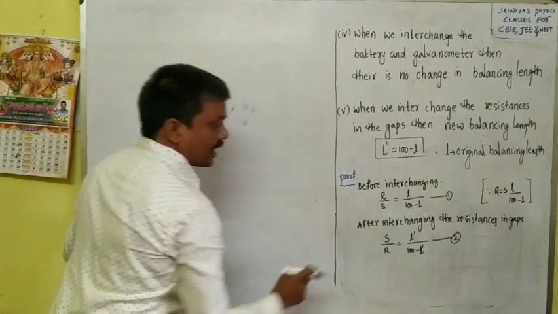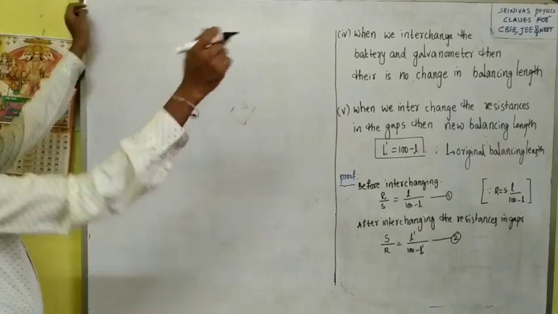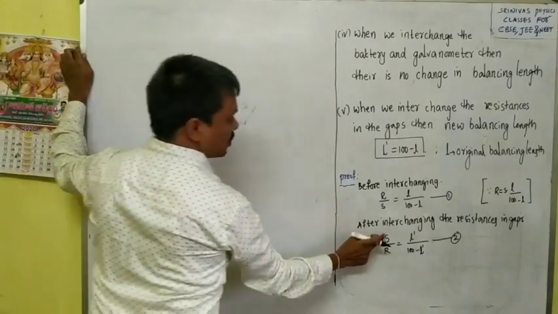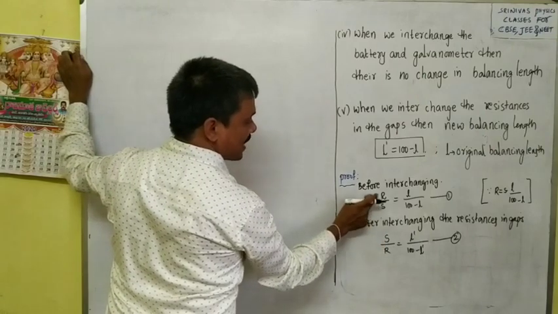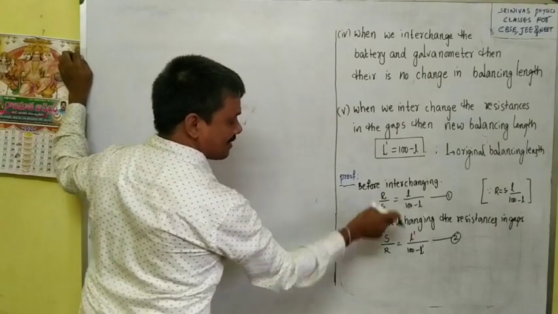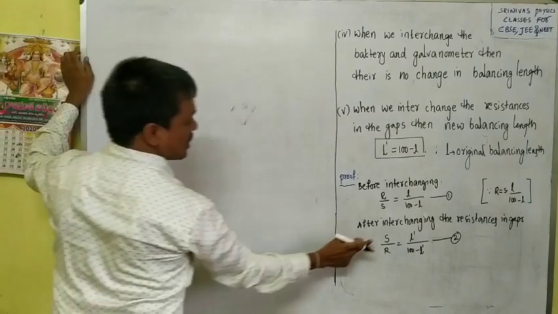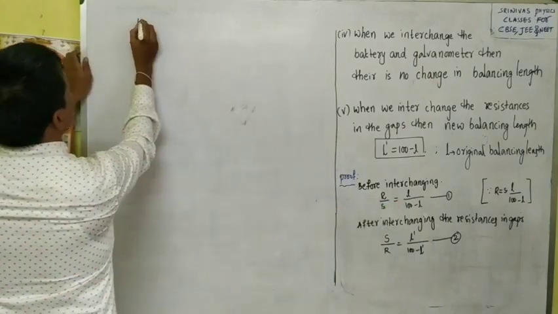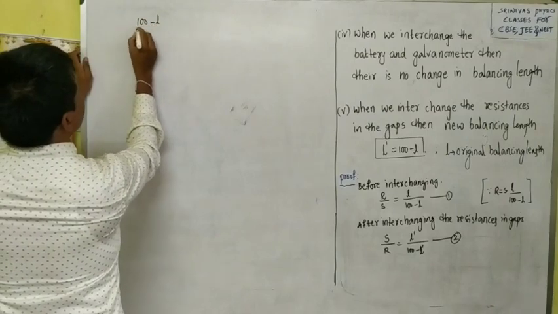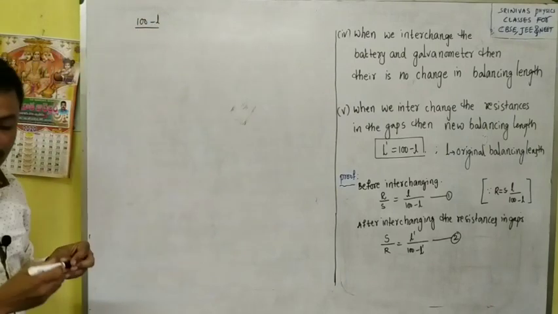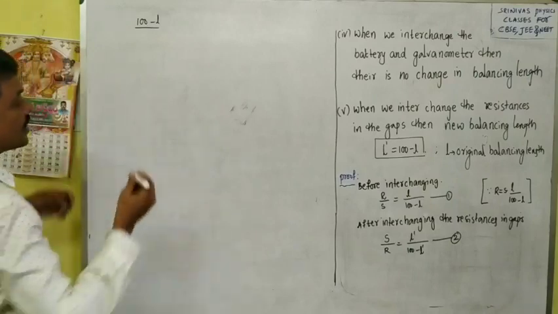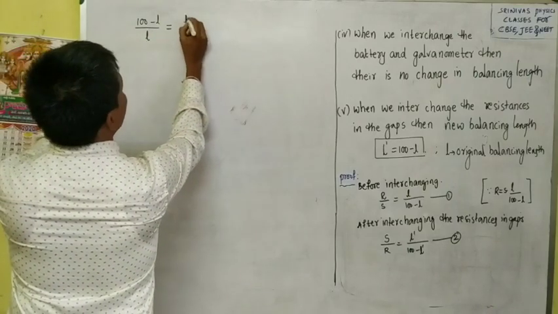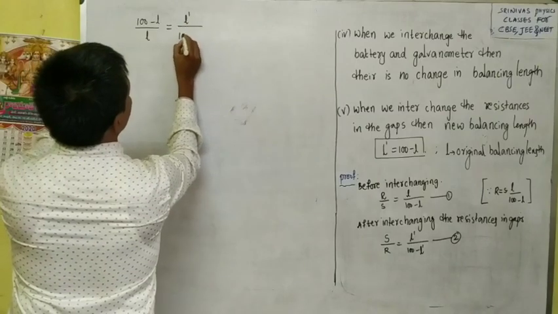From equation 1 and 2, what we have to do here: from equation 2, here S by R is there. Here S by R we write from equation 1. It will be the reverse. Then in place of S by R we write the formula from equation 1. That will become 100 minus L by L is equal to L dash by 100 minus L dash.